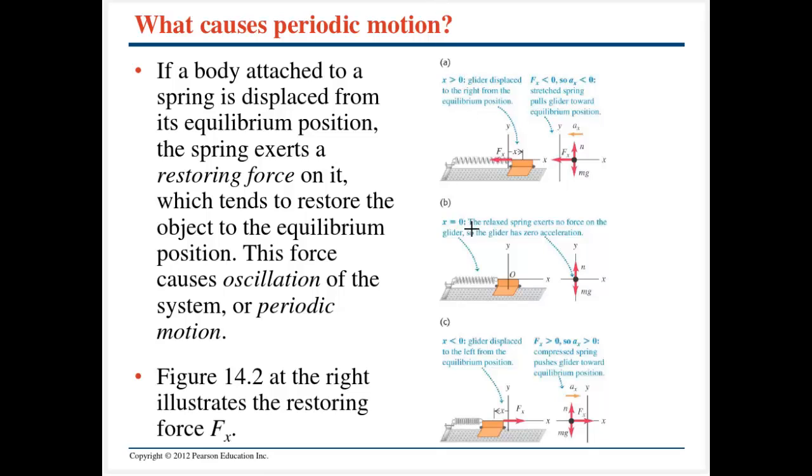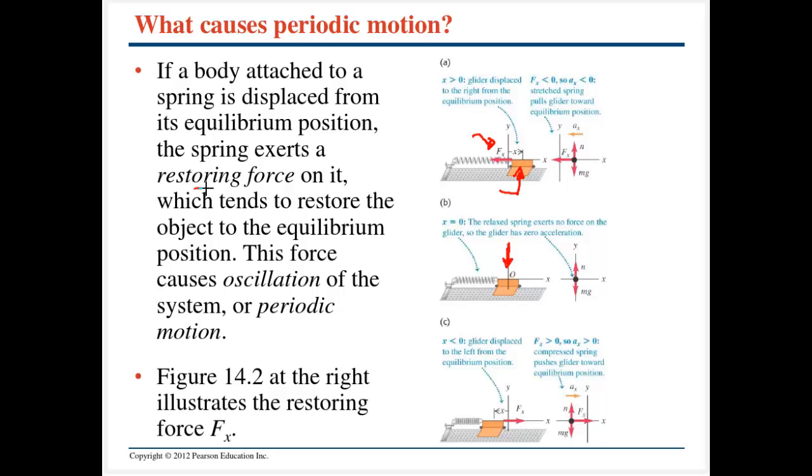Looking at the case of the mass on a spring, we know that the equilibrium position is shown right here at B, which is the spring at its unstretched length, just sitting there with the mass attached to it. Now if I take the mass or the cart and I pull it to the right, I know that the spring is going to pull back on me towards the left, towards its equilibrium position.